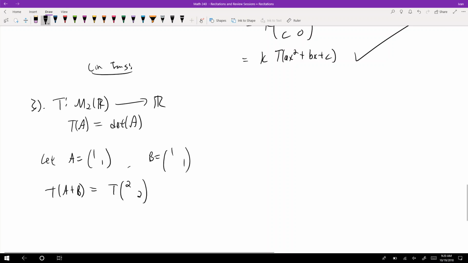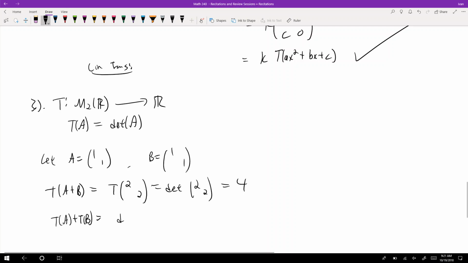Because A plus B, you're adding the two identity matrices together, and then you're getting 2, 2 on the diagonal now. But what is that? This is the determinant of [2, 2], which is 4. But what is T of A plus T of B?